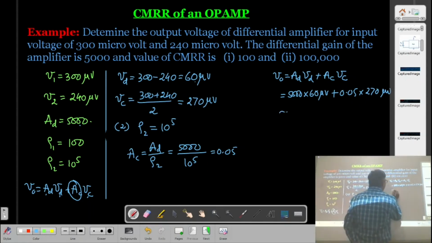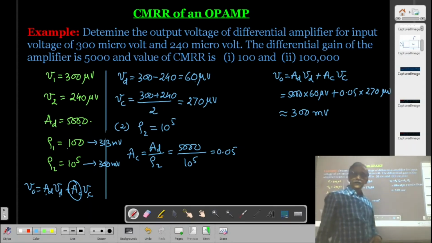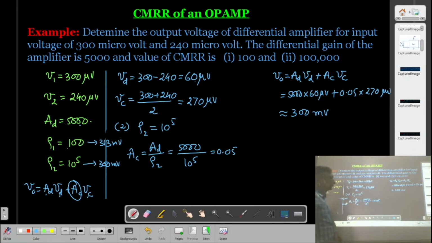If we calculate this, approximately it will come out to be 300 millivolt. So you can see in the first case, when rho 1 is 100, the output voltage was 313 millivolt. Now when the CMRR is very large, it gives an output voltage proportional to the difference of the two input signals. Okay.